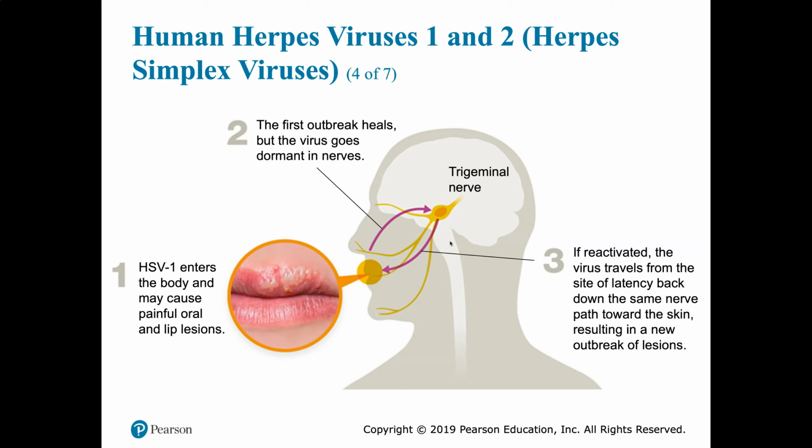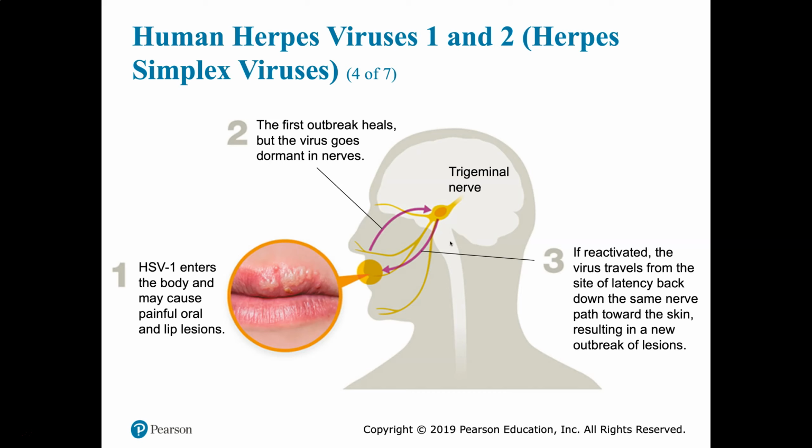Herpes virus 2, I'm not going to put a whole slide about all those other bits of information, because it's pretty much the same thing as herpes virus 1. The big difference is herpes virus 2 is genital herpes. So 1 is oral herpes, mouth, and 2 is genital herpes.